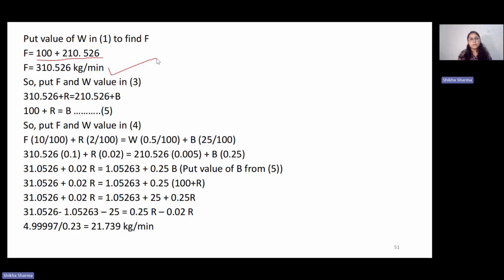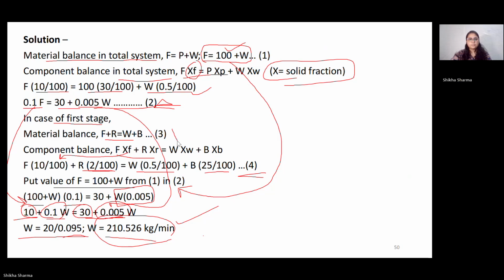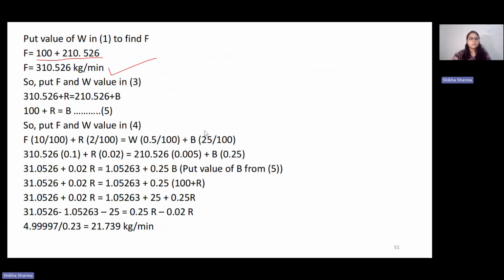Now we have the values of F and W, so we can put them into equation 3: F plus R equals W plus B. So F, which is 310.526, plus R equals W, which is 210.526, plus B. This equation becomes R plus 310.526 minus 210.526, which is 100. So 100 plus R equals B is equation 5.